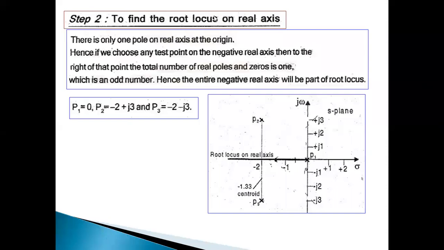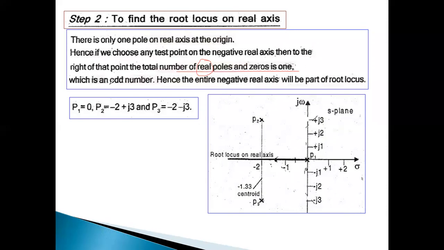Just now I said total number of poles and zeros, but here they consider only real poles and zeros.